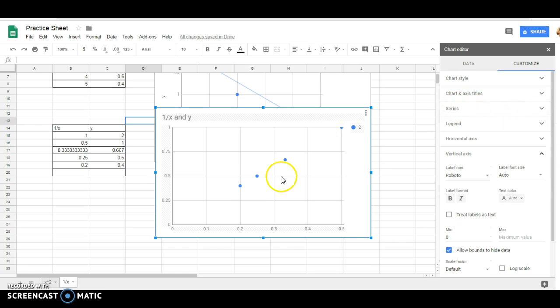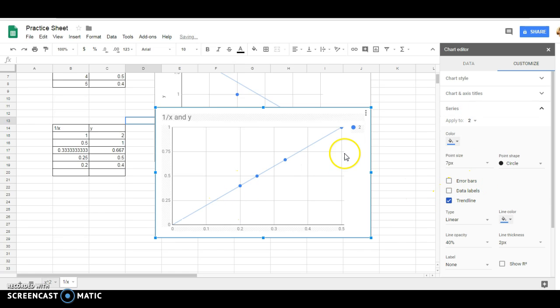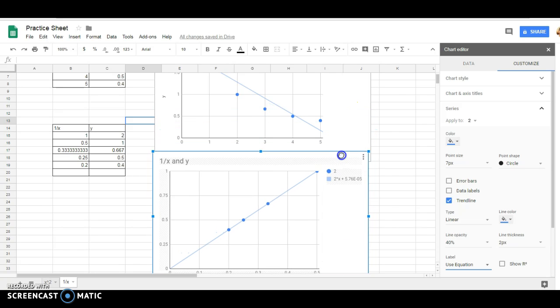Okie dokie. And as we can see already, we have much more of a line. We get a trend line, goes perfectly through the data, and most importantly, if we get an equation, that's going to tell us a lot of useful information, especially the slope of 2, which in this case we expected.